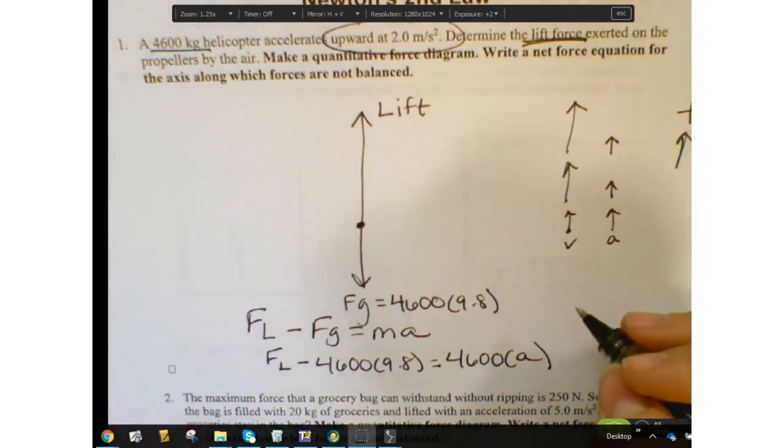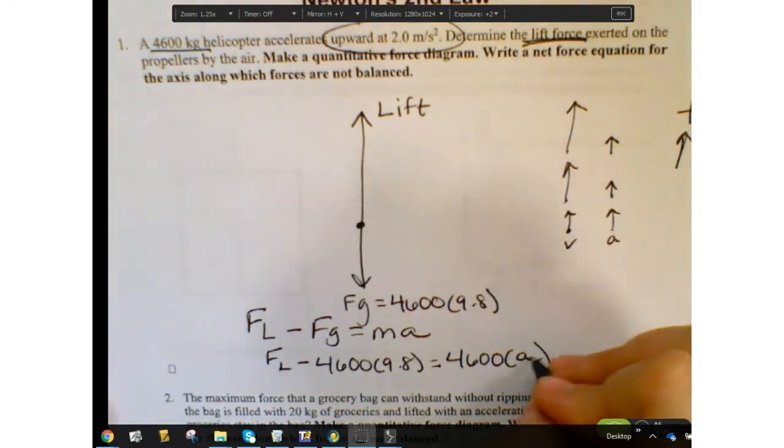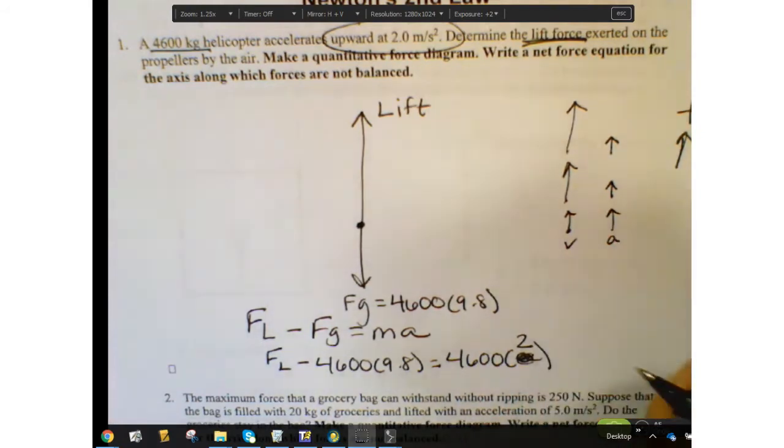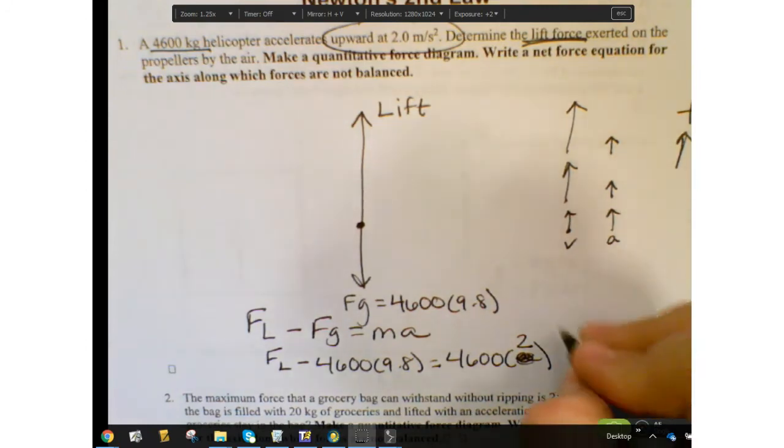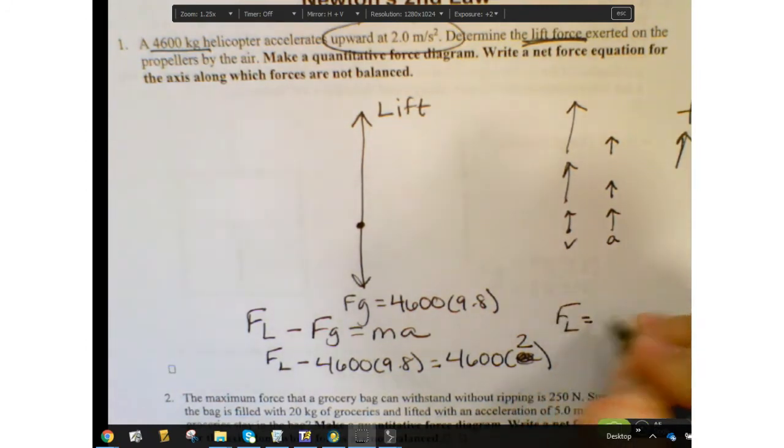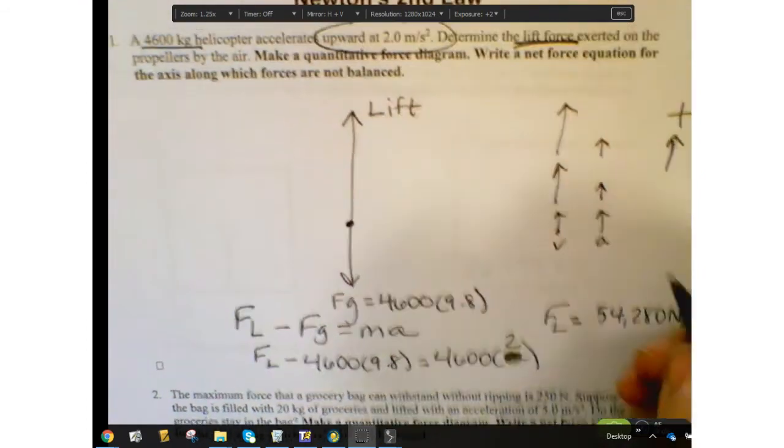My acceleration is 2, I need to plug that in. So 4,600 times 2 plus 4,600 times 9.8. You should get a lift force equal to 54,280 newtons.